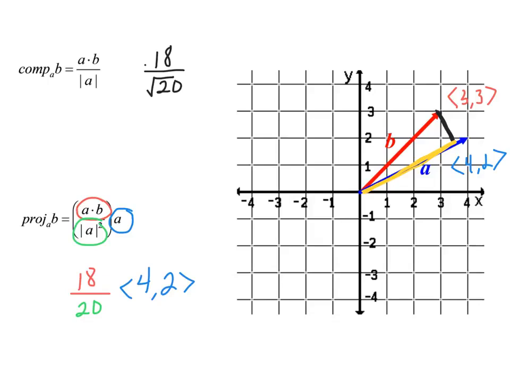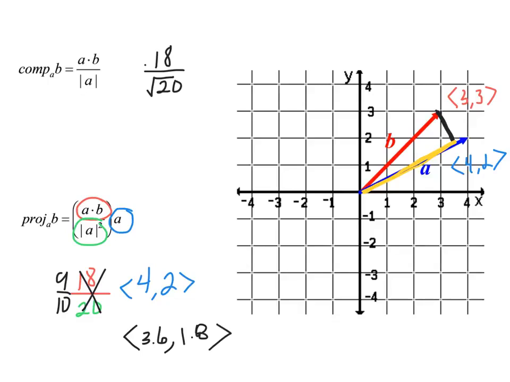So we have a scalar multiplied by 4, 2. Now, maybe I'll just say this is 9/10, and I'm actually going to do some decimals here. 9/10 times 4 is 3.6. 9/10 times 2 is 1.8.